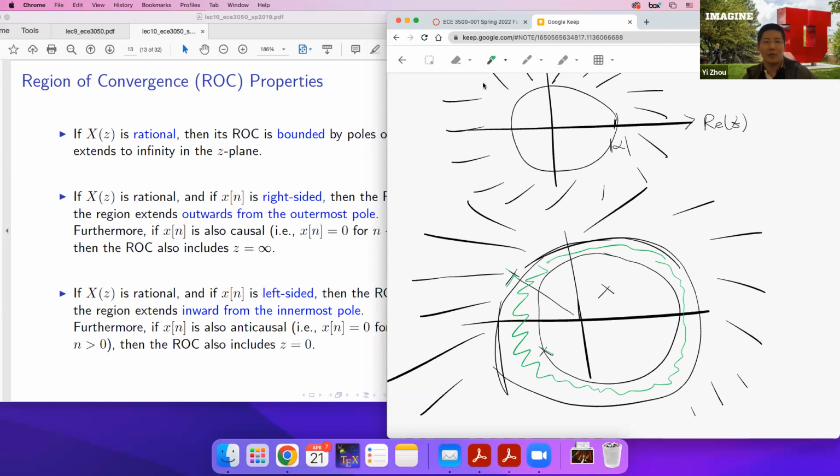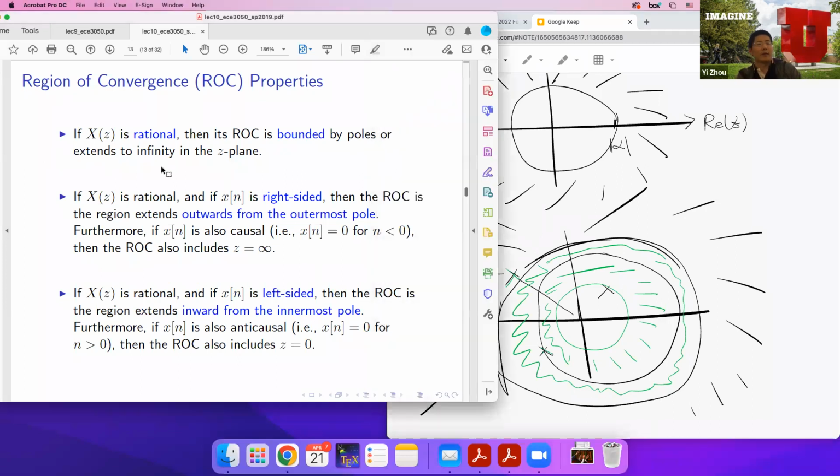And the third possibility is again the ring between, if I draw another circle around this innermost pole, the ring between these two circles. So the idea is exactly the same as the Laplace transform. The only difference is that here we draw the ROC in terms of circles or rings. So here the ROC should not contain any poles.